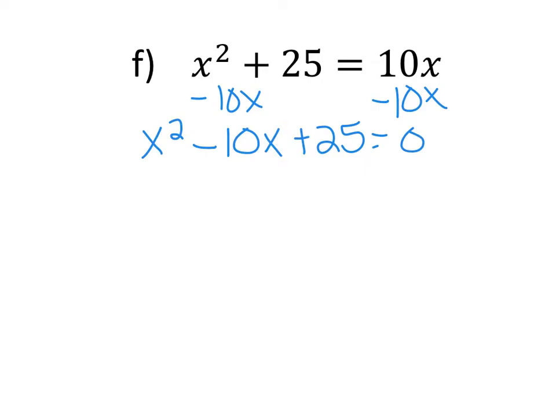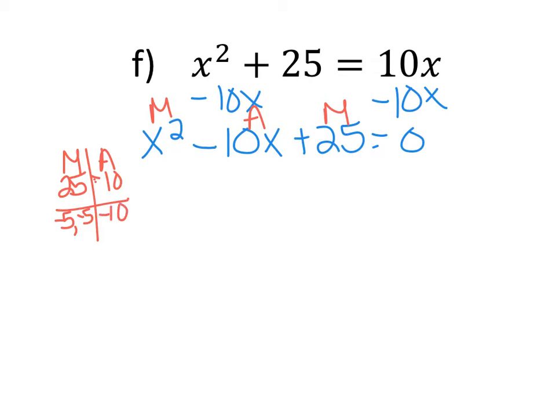When we factor it, we need to check for a GCF, and there is not one. I have a trinomial, so I'm going to use MAM. M is 25, A is negative 10. Negative 5 times negative 5 equals positive 25, and it adds to be negative 10.